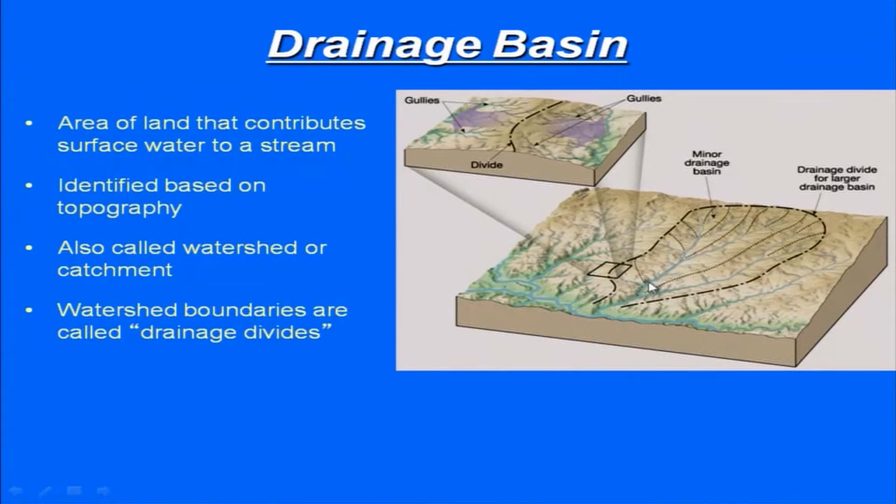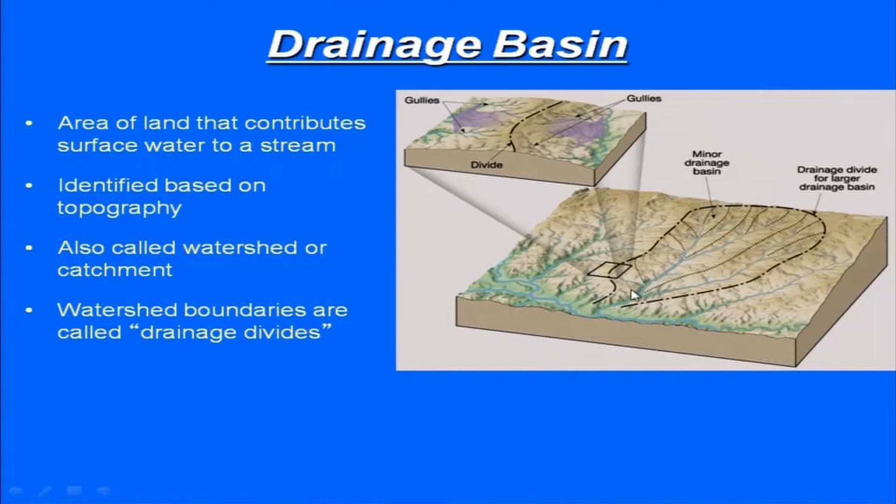and we have the trunk stream which has been shown here in blue, whereas the smaller sub basins are shown here. This is the main divide between the two basins. The next basin is this one here, and this one is the final major basin.